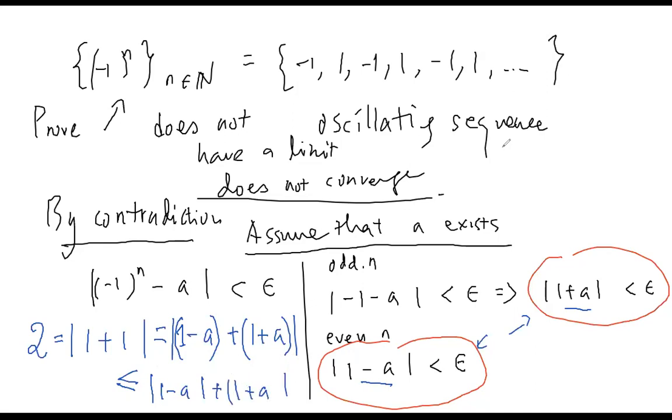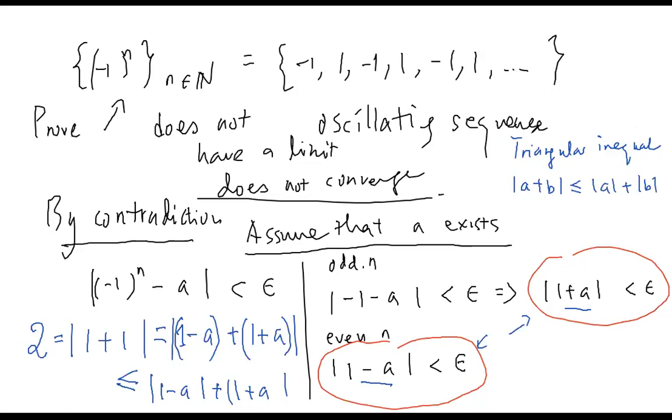The triangular inequality: the absolute value of A plus B is bounded by the absolute of A plus the absolute of B. This is called the triangular inequality, which is a very useful inequality in analysis.